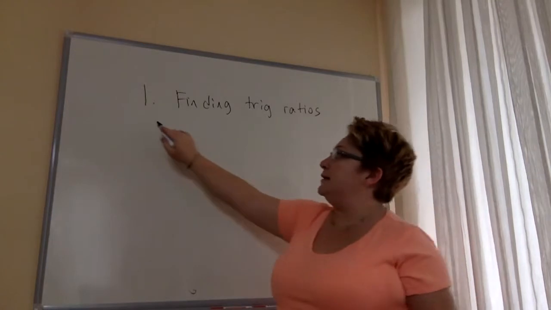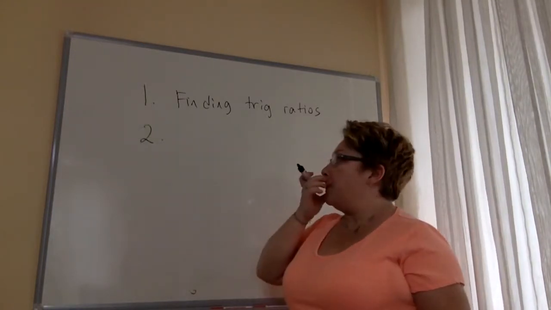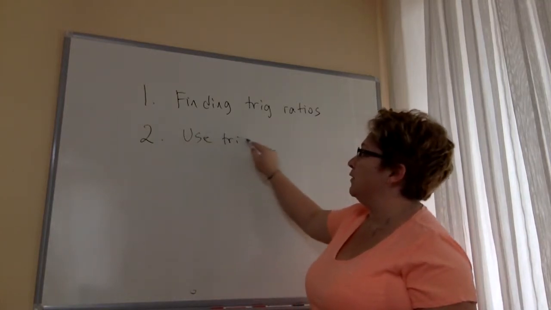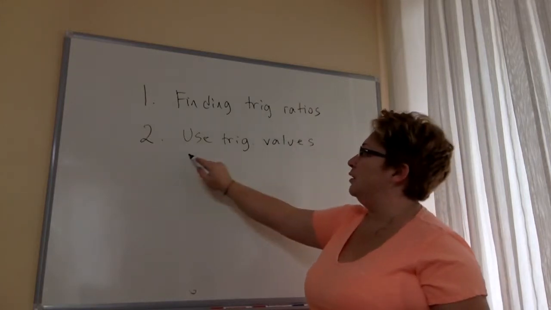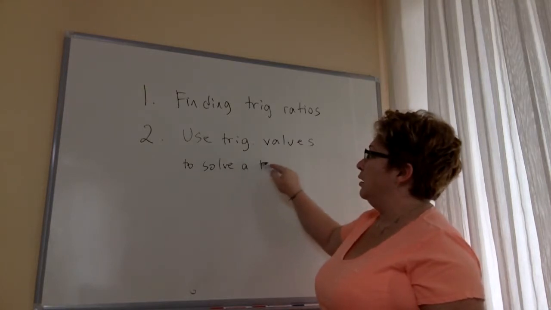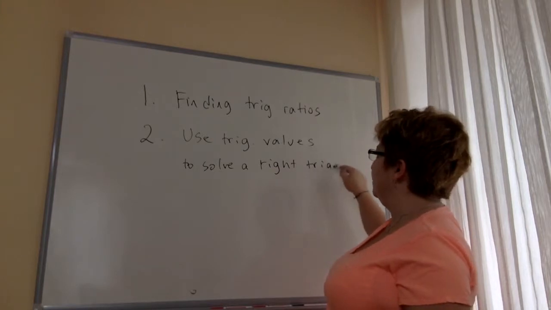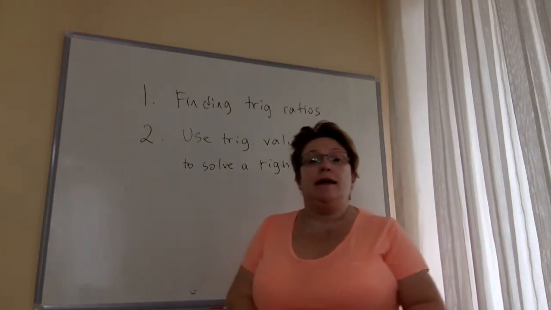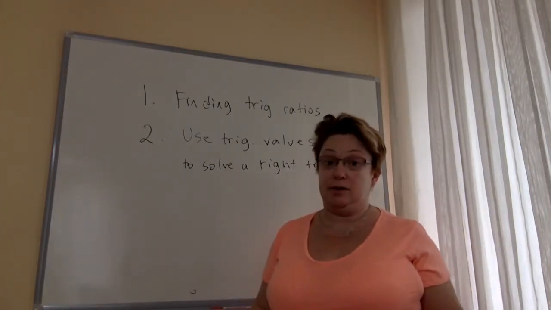And our second objective is to use the given trig ratios or trig values to solve a triangle, rather a right triangle in this video. What does it mean to solve a triangle? It means to find the missing sides and angles.